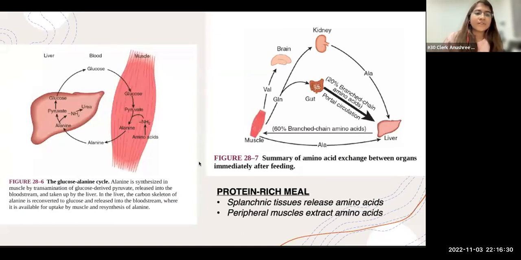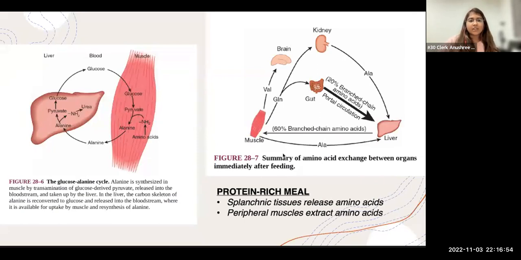In this, you can see that in the muscle, glucose is there, then the transamination reaction takes place and alanine is formed, and alanine goes to the liver, and the whole cycle goes on. We should always take note of the fed state, because physiology matters.